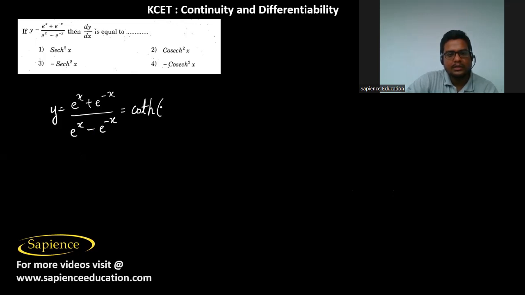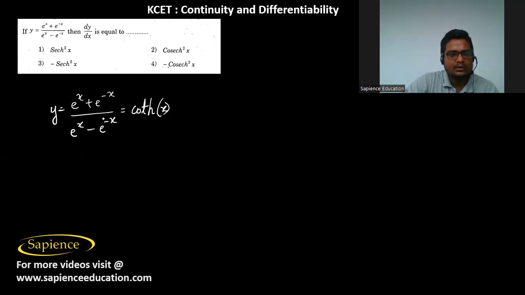Then here it is told y equals e power x plus e power minus x divided by e power x minus e power minus x, which is nothing but coth x, the cot hyperbolic function.